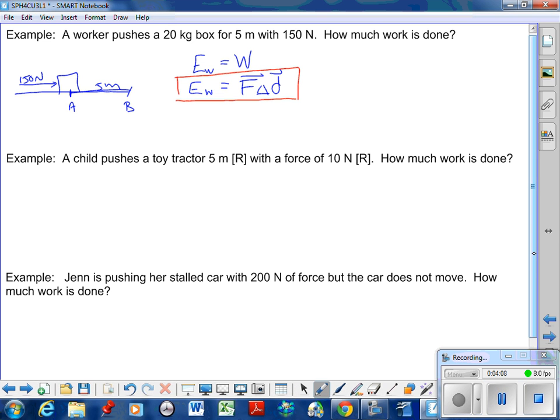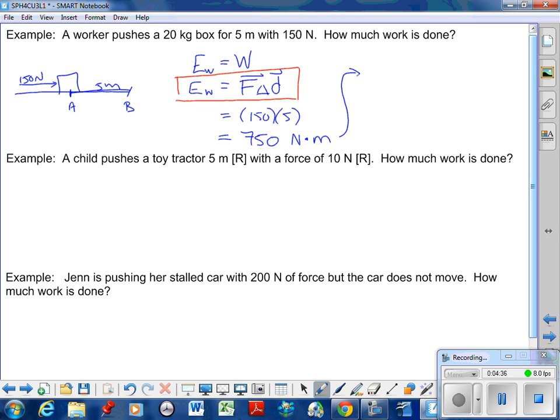So now, in that formula, force times distance, mass has no role. All right, so it seems a little strange at first, but mass has no role. Okay, so 150 times 5, what's that give us? 750. Now the units are forces in newtons times meters.